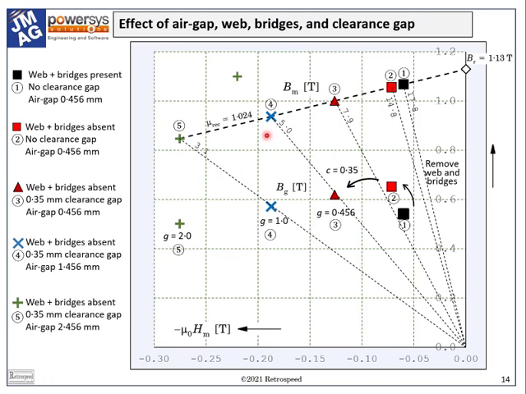So all we're saying here is that we need to keep an eye on it, because what we're doing, first by removing the protective magnetic short circuits of the web and bridges, and then by increasing the air gap, is all going in a direction of a reduction of the safety margin against demagnetization.